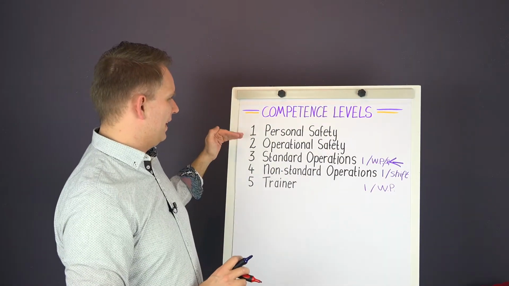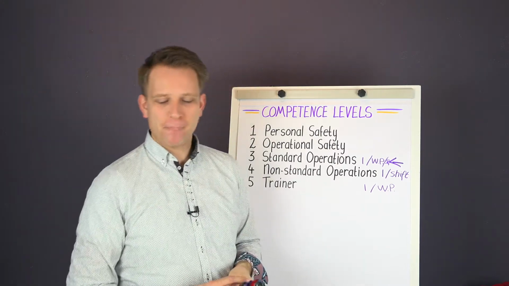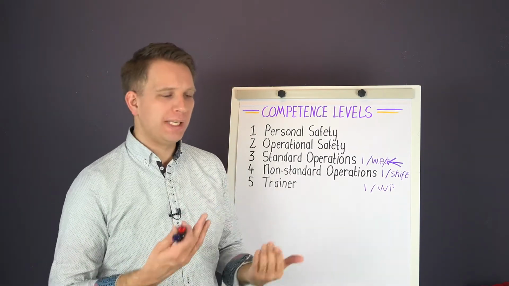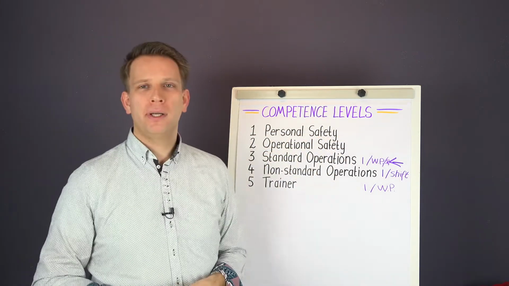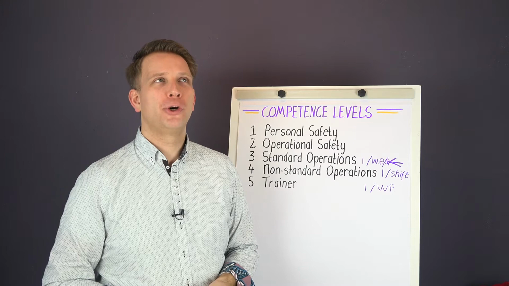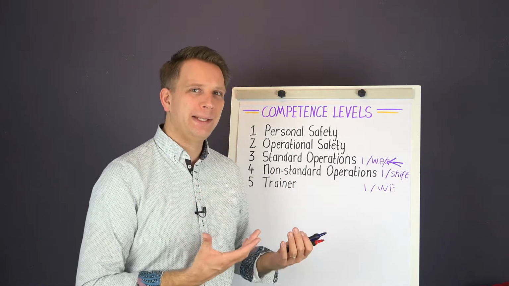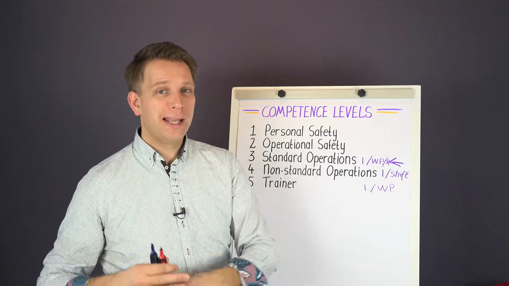Now, levels 1 and 2, how to say, do you need it or not? There are basically two things. Level 1, you don't use them in your planning, but it goes the other way around.